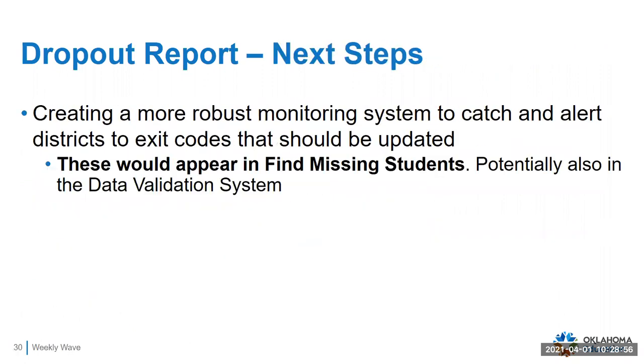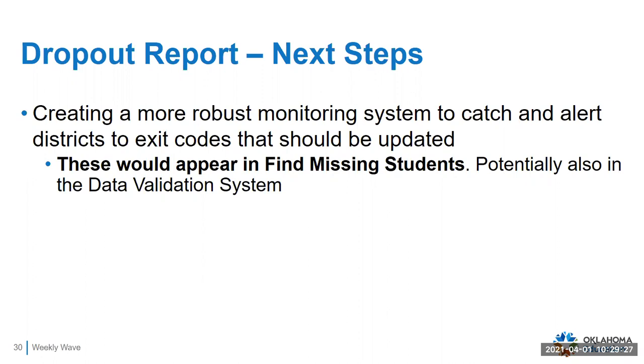So this just sums up what I was saying earlier. Next steps for the quarters 1 through 3 report specifically, and for quarter 4: we are still in the middle of creating a more robust and user-friendly monitoring system to catch situations where, say, you're putting in that the student transferred, but we're not actually seeing that the student transferred anywhere.